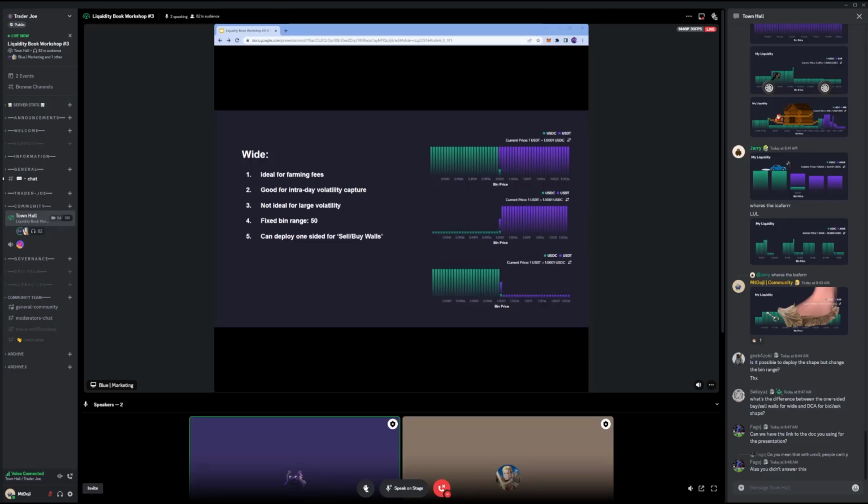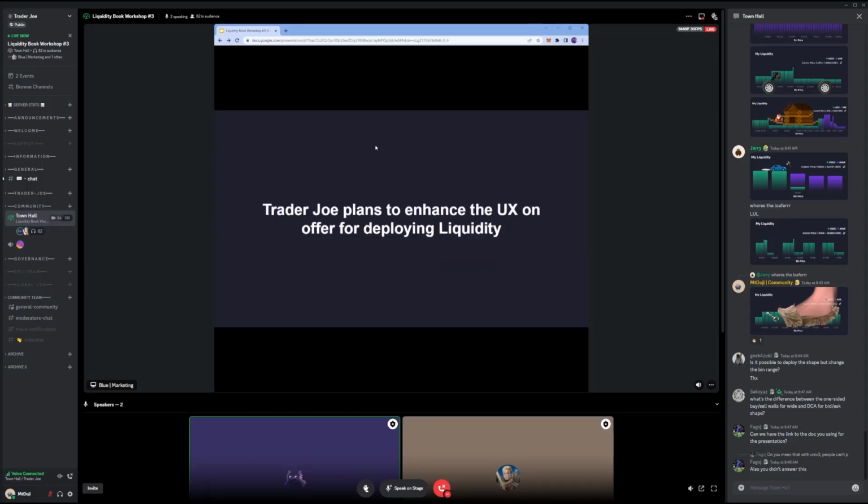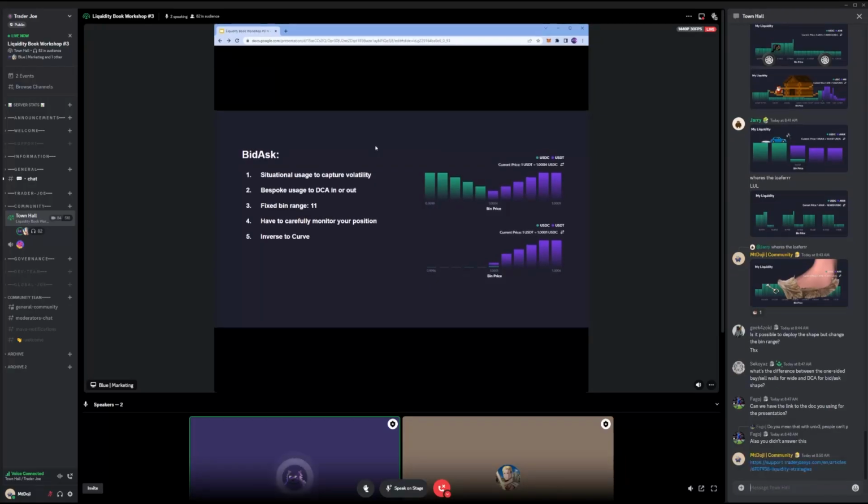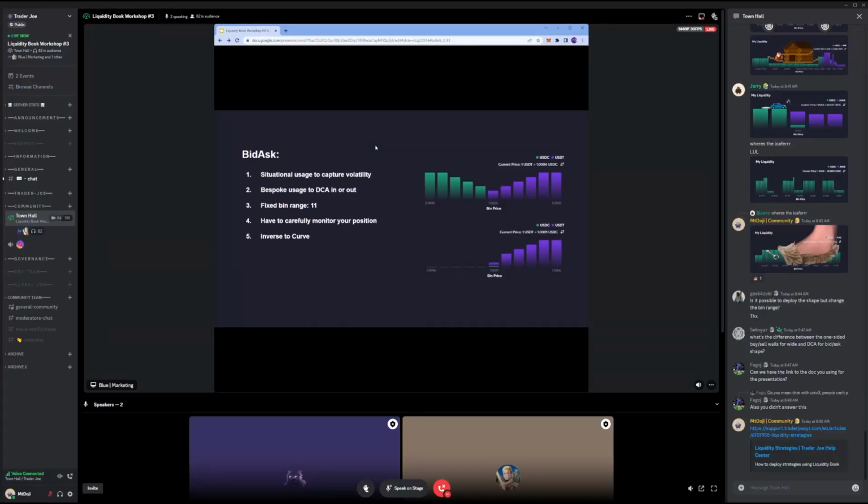What's the difference between the one-sided buy or sell walls for Wide and the DCA for Bid Ask shapes? So with the DCA in Bid or Ask, you are set to 11 bins when you deploy the shape. If you use it more to one side, there are 6 bins there. Essentially, it's just 5 actually, excluding the active bin.